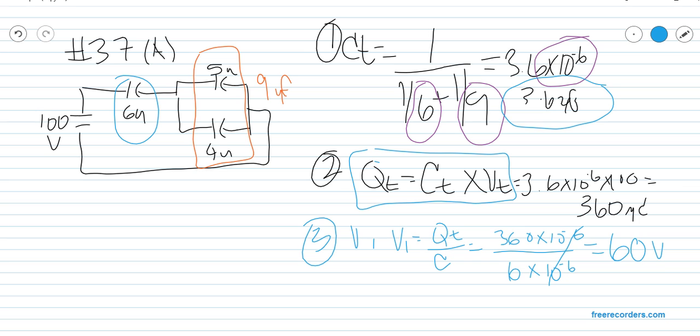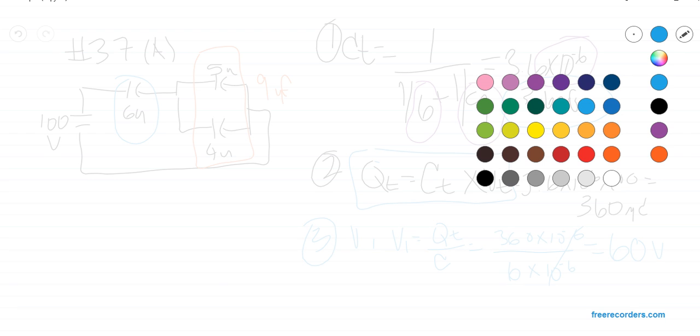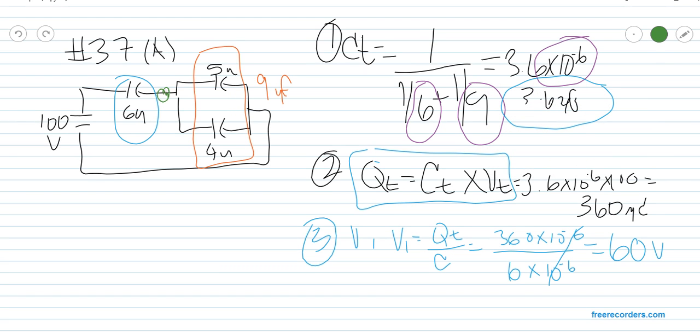Okay. Now, before we move on to the 5 and 4 microfarad capacitors, we should run a check for ourselves. Here, we call that voltage VC. If we use KVL, we'll know that VC should equal 100 minus 60, which is 40.